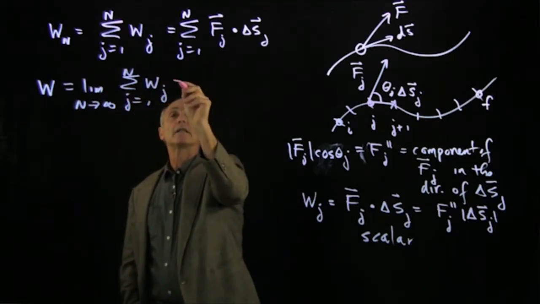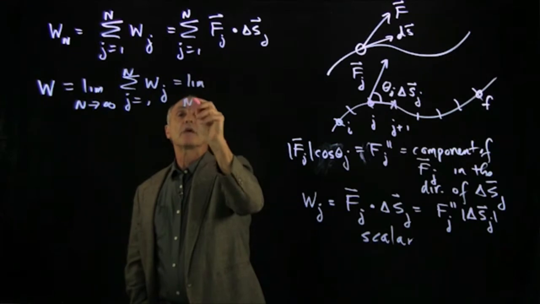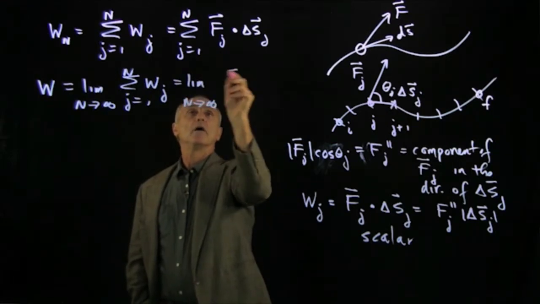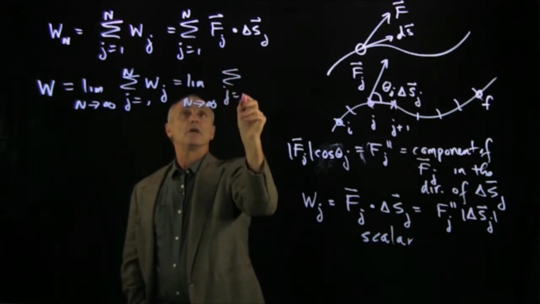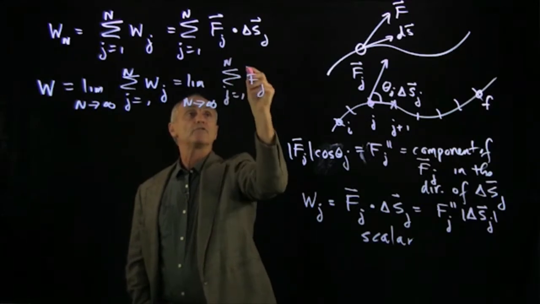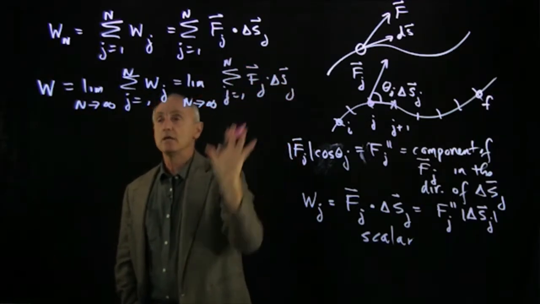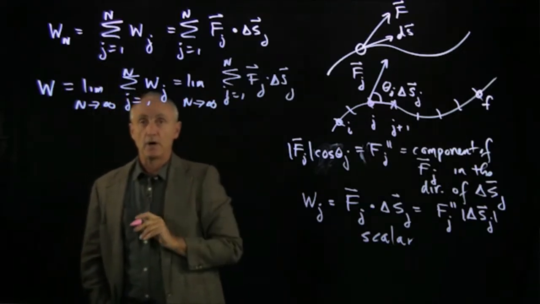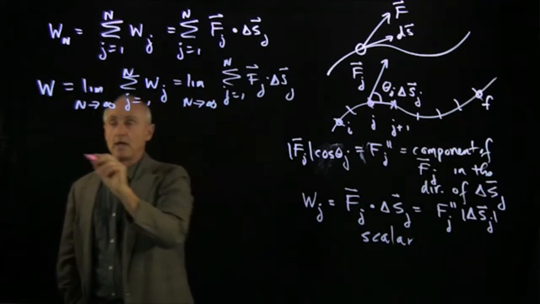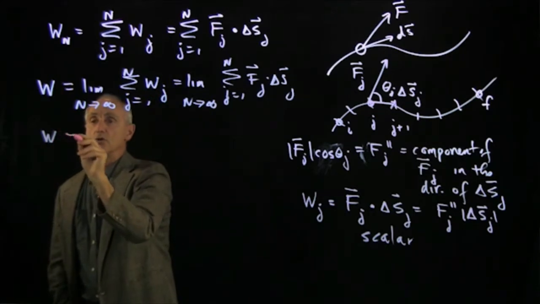Now, when we take that limit as n goes to infinity of this sum, j equals 1 to n, of Fj dot delta sj, this quantity is formally what we mean by a line integral. And we denote that with a new notation.